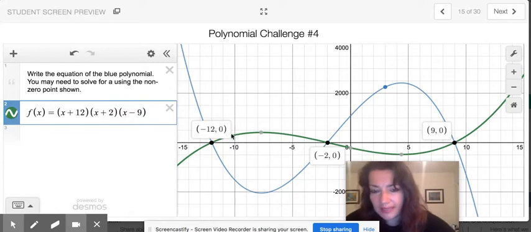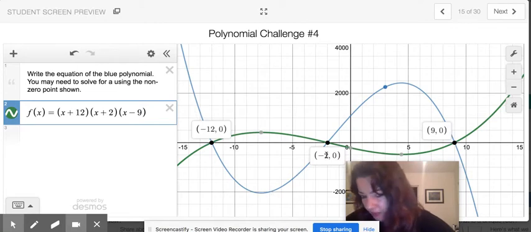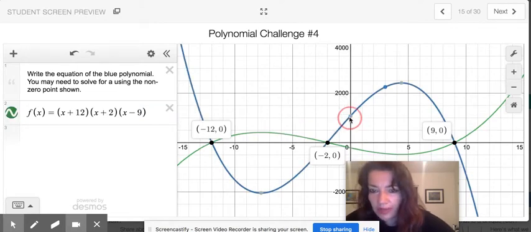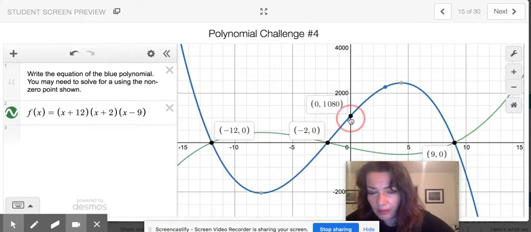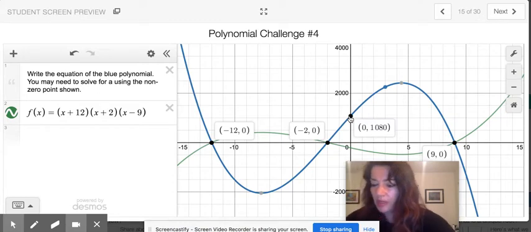Well, you can basically choose any point on the blue graph, except for an intercept. So, for example, the point right here that I am now clicking on, the point (0, 1080) is a point that I can choose.